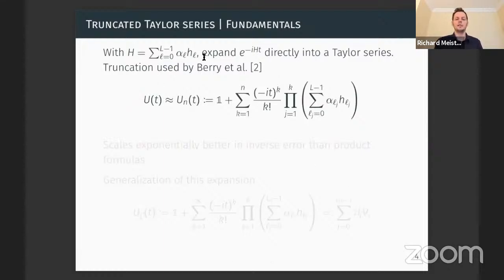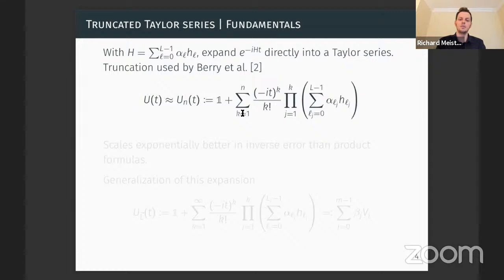So we have our Hamiltonian again here, and the idea now is to expand this exponential directly into a Taylor series. This was first proposed by Berry and colleagues, and they use a truncation of this form where the time evolution operator is approximately equal to this U_n, where n is the order to which we use the Taylor expansion.